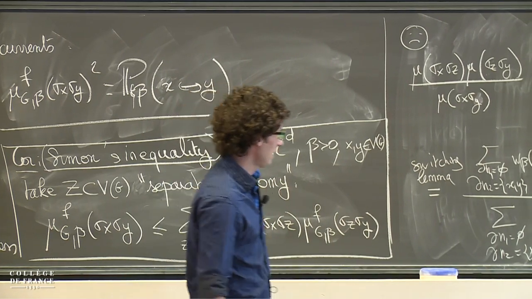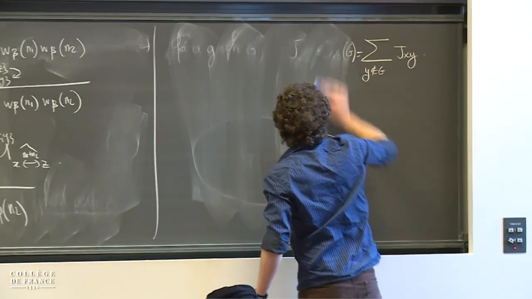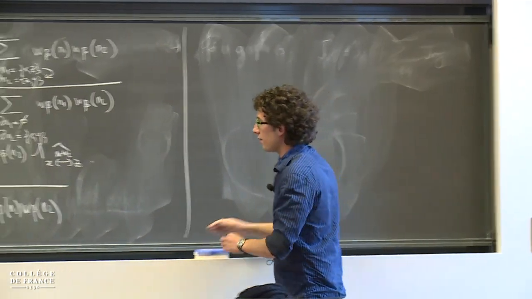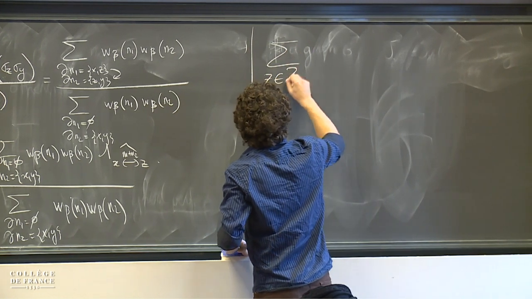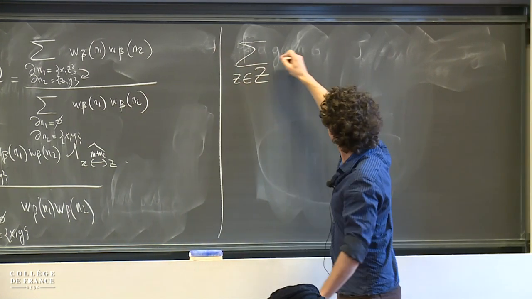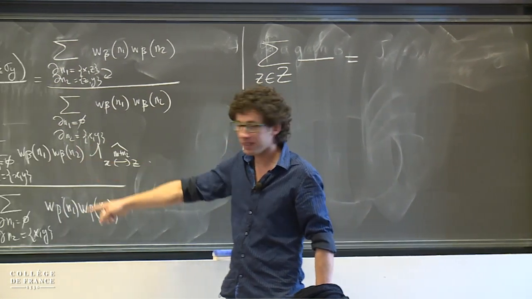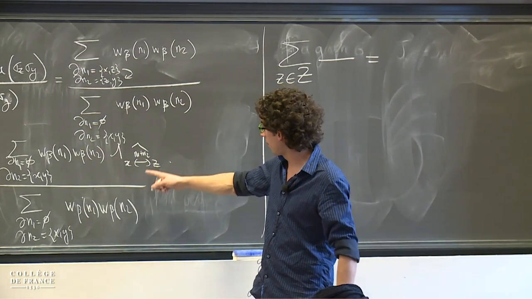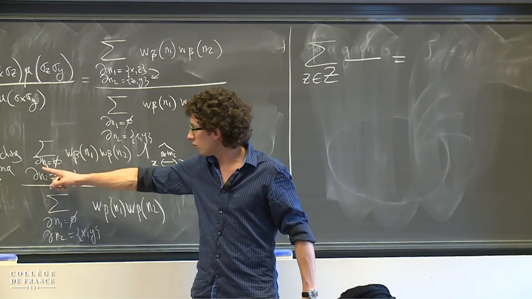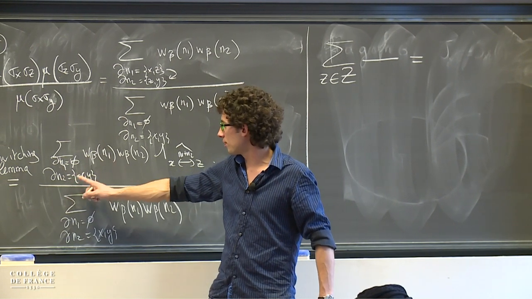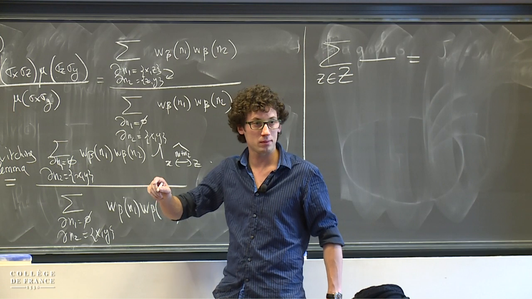But now, what I can observe is that if I sum this quantity for z in capital Z, what do I get? Here I'm going to get the expected number of points z connected to x when I do a sourceless current and a current with sources at x and y, right?